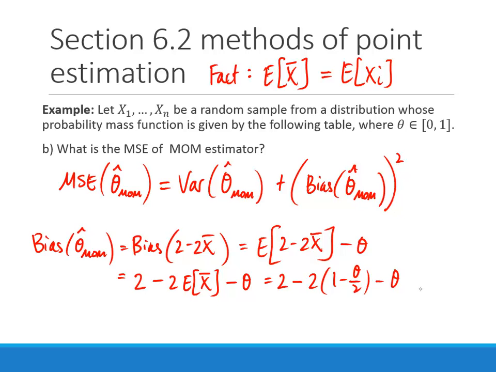And lo and behold, if you work that out, that is actually 0. So that means our estimator is unbiased here. So theta hat method of moments is unbiased.